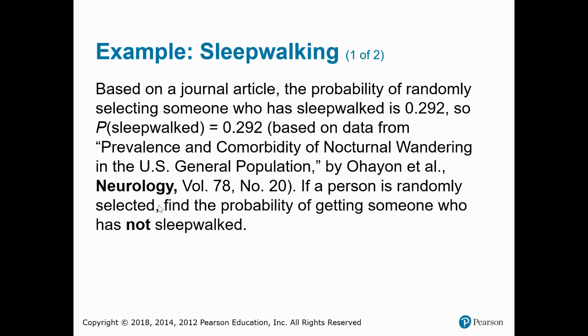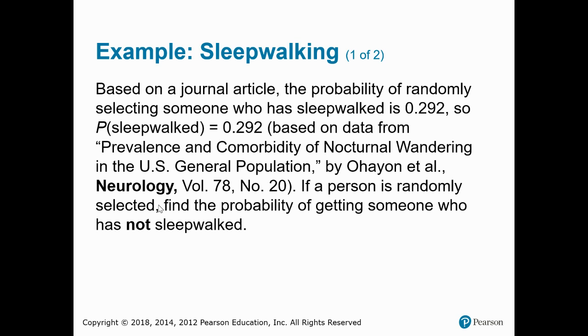Now, here's an example. Based on the journal article, the probability of randomly selecting someone who has sleepwalked is 0.292. So probability of sleepwalk is 0.292 based on this data from this neurology report. If a person is randomly selected, find the probability of getting someone who has not sleepwalked. 1 minus 0.292.